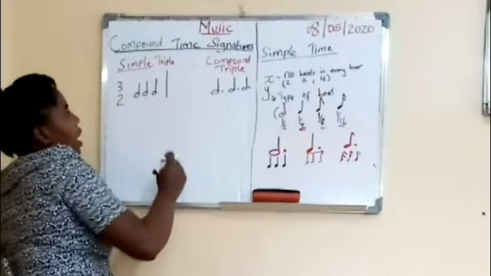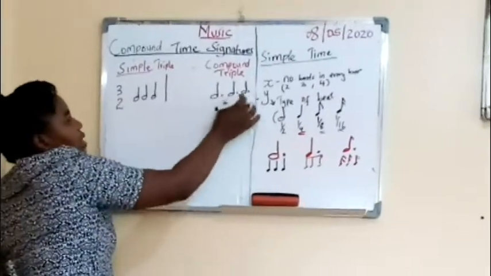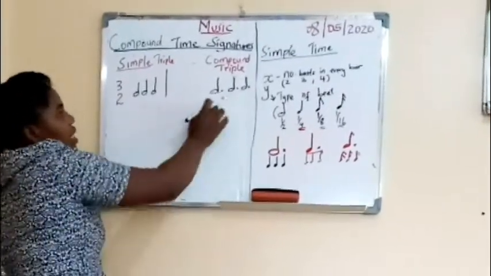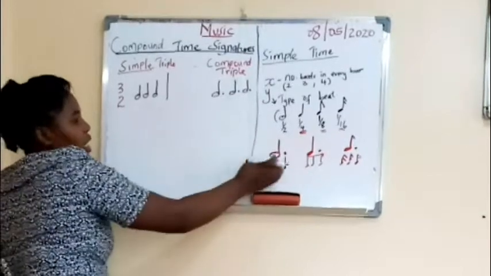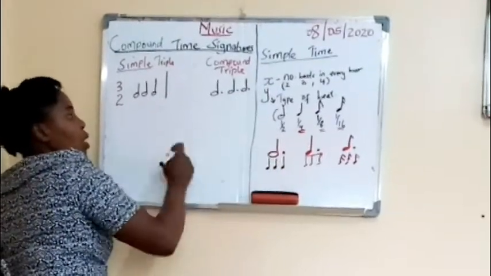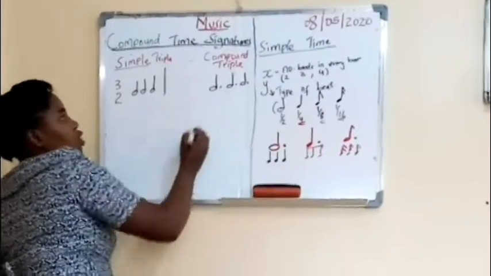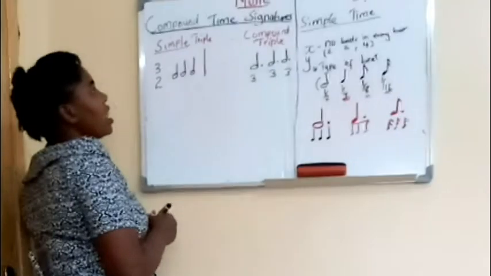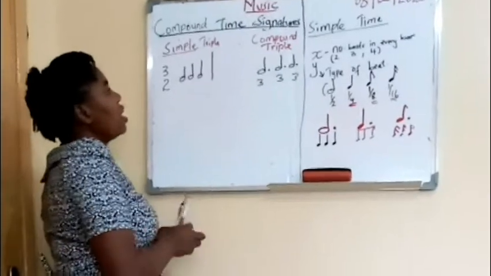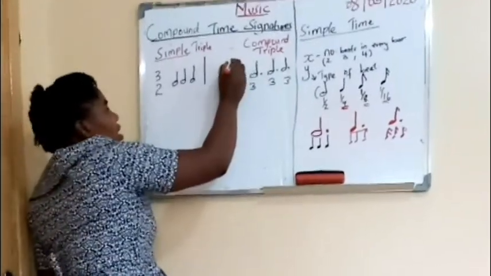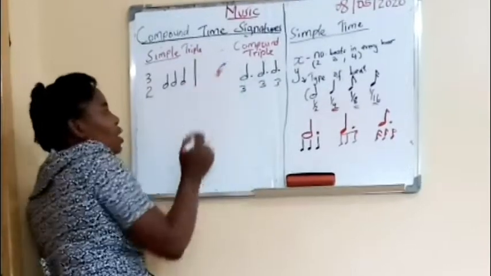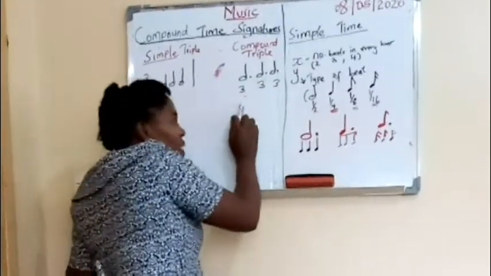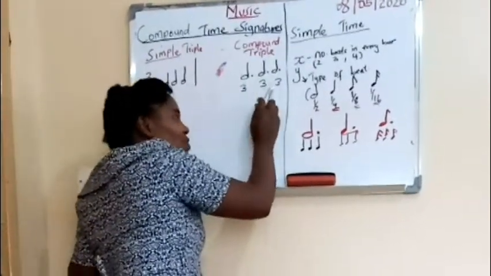So now you will break first of all these ones. The dotted minim, remember we said it breaks itself into 3 crotchets. So here we shall be having 3 crotchets, 3 crotchets, 3 crotchets. So the time up here will now not be 3, it will be 3 plus 3, 6 plus 3, that is 9.